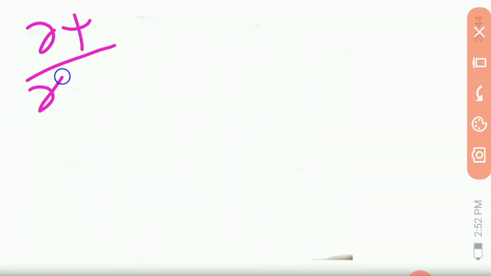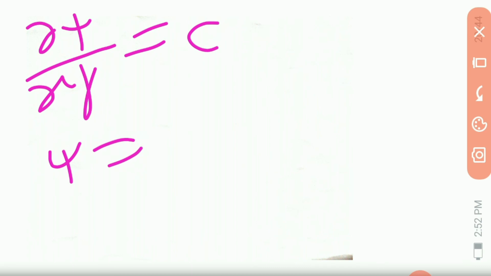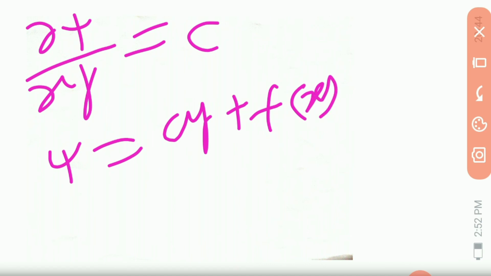Dou psi by dou y is equal to c. Integrating this equation with respect to y, what do we get? We get this psi is equal to c y plus integration constant f of x.